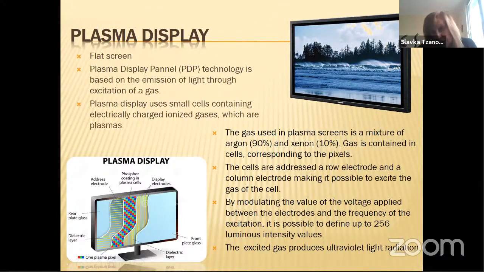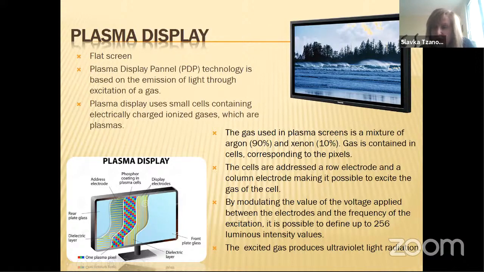How was the image obtained? By modulating the value of the voltage applied between the electrodes and the frequency of the excitation. So modulation of the value of the voltage and the frequency.